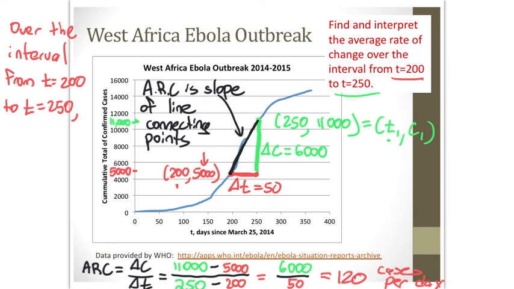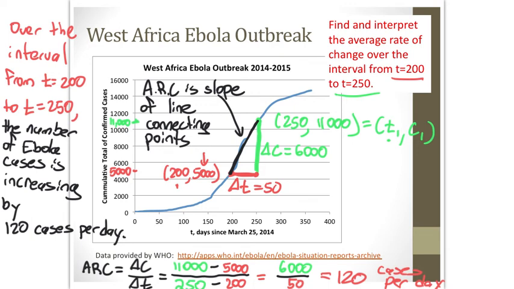And the next thing I need to do is, well, what is happening over this interval of time? And so this part of the explanation is going to be very similar to how we interpreted slopes. So over this interval of time, the number of Ebola cases is increasing by 120 cases per day. So notice the units of the average rate of change are the same as the units of slope.